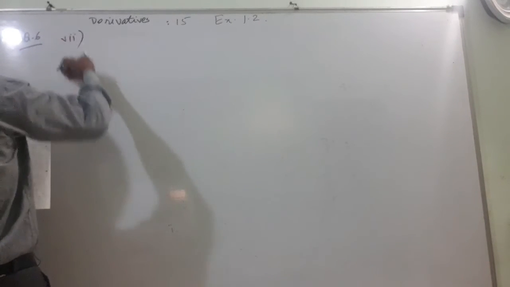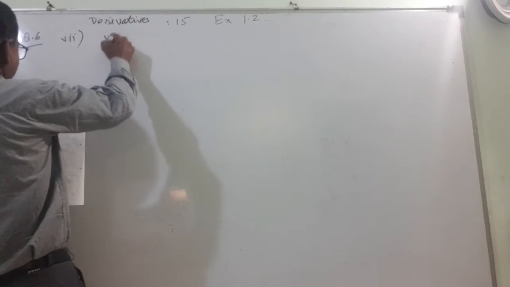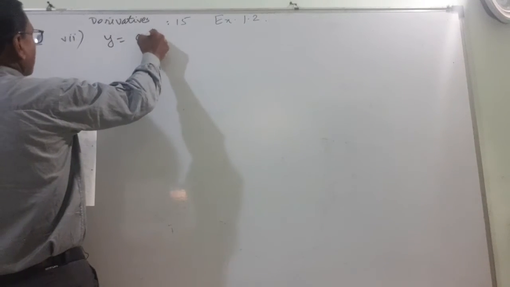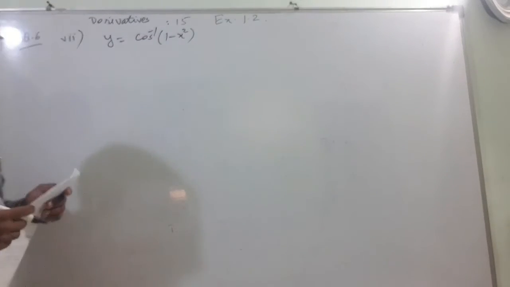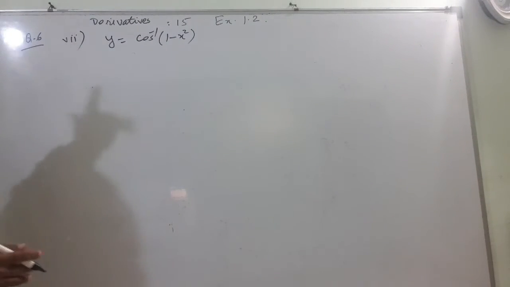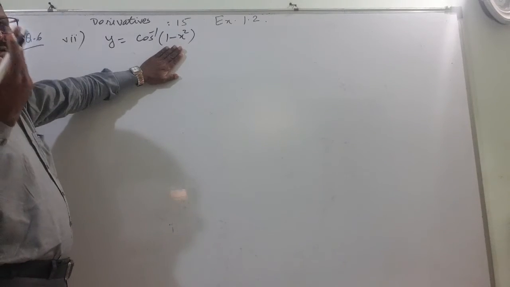So directly I will write y is equal to cos inverse of 1 minus x square. This is again a simple sum, goes simply. Don't think of substituting something.